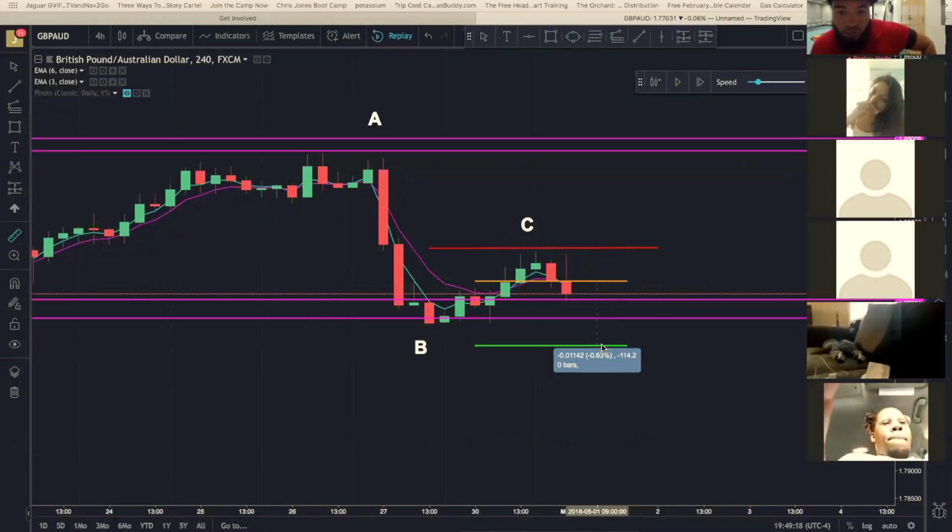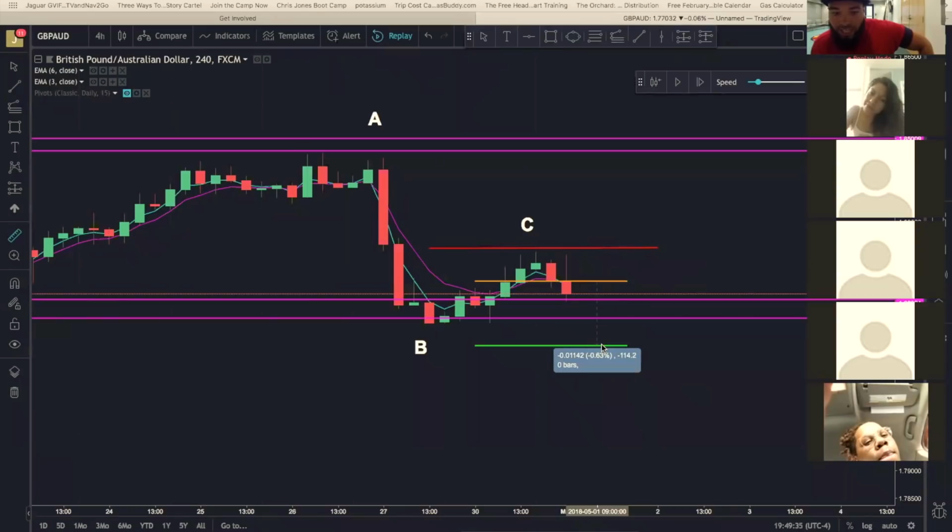So you're looking to lose $29 to gain $57. Okay, is that making sense? Give me a little head nod, somebody. Is that making sense or not really?